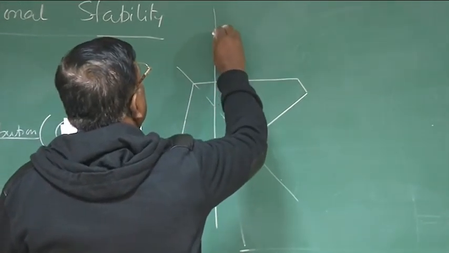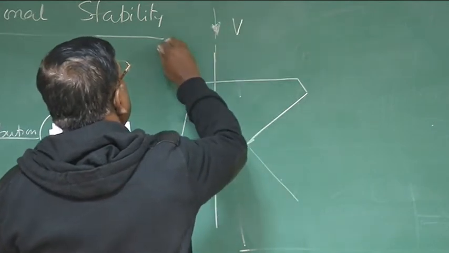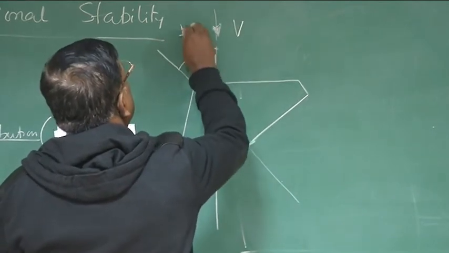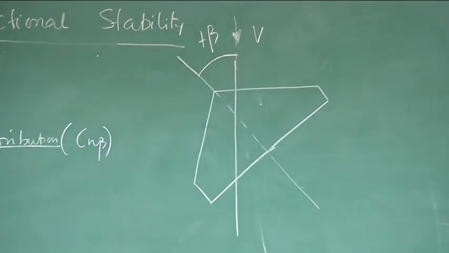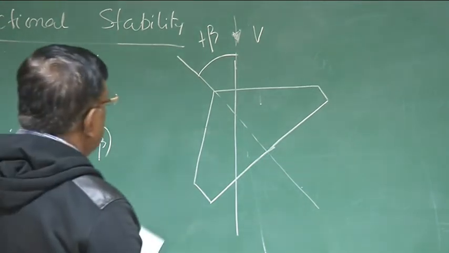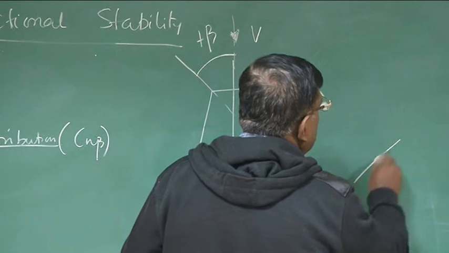By now you understand this is a relative V, so this is positive beta, because the relative wind is coming from the right hand side. Now we are flying like this, and you can see one thing very clearly in this diagram.